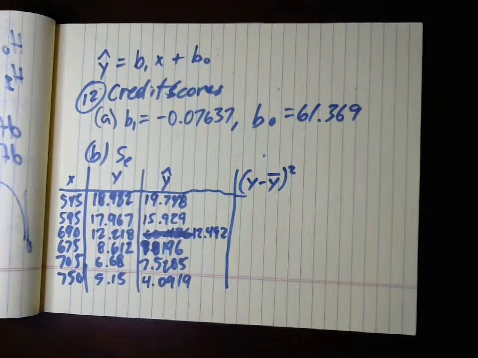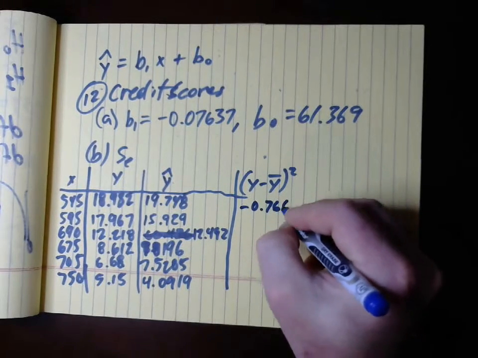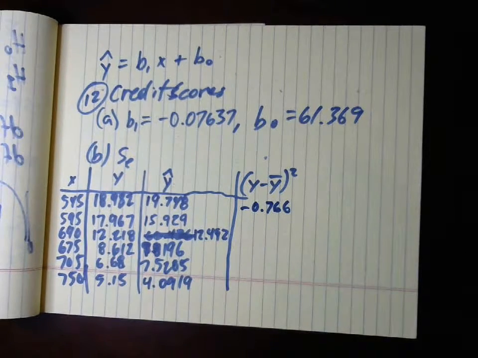So let's get out of there. 18.982 minus 19.748 is negative 0.766. Oh, and then square it, sorry.